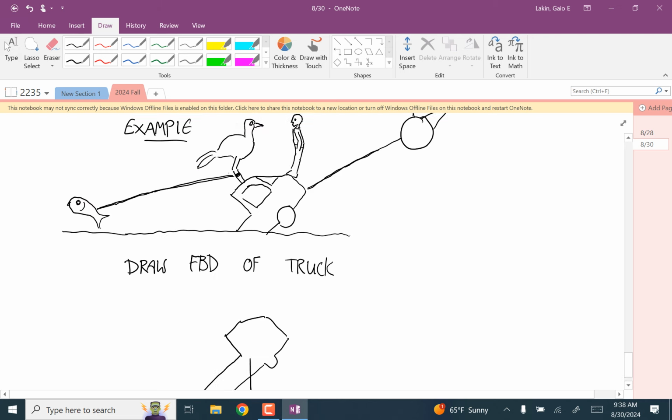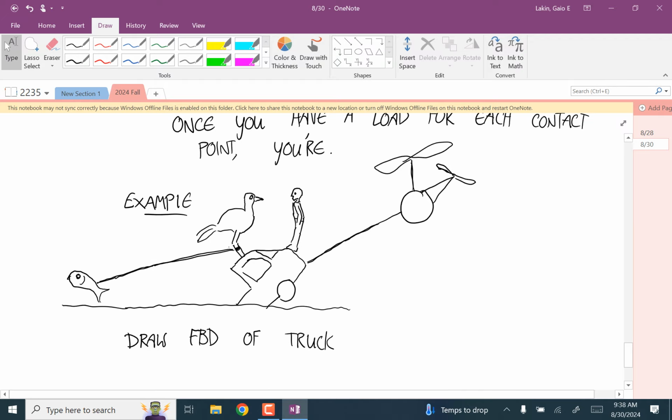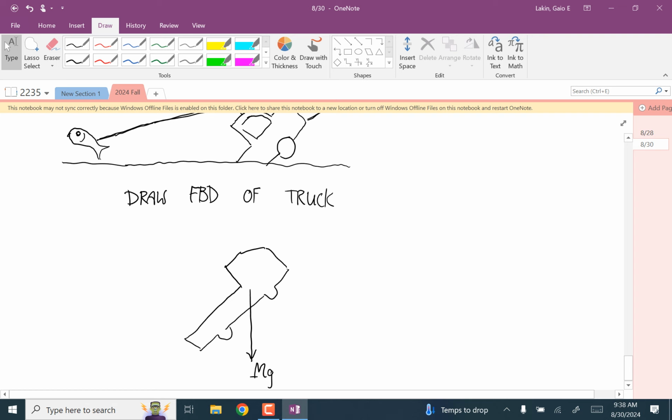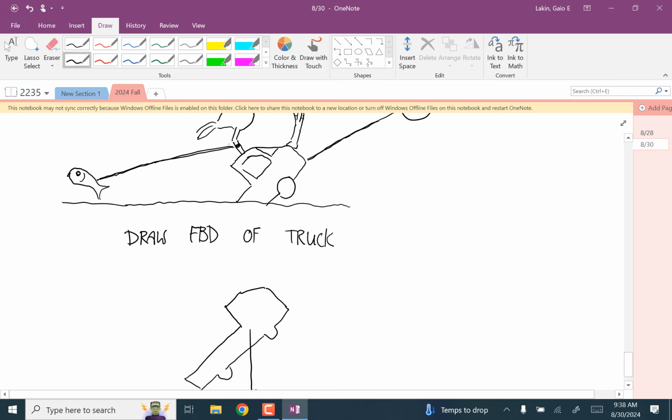Okay, and so now that we've dealt with the weight, our only job is to go around the boundary of the truck and account for every one of these contacts. I'm going to start at the front wheel and work my way around counterclockwise. The first thing in contact with the truck is the cable.